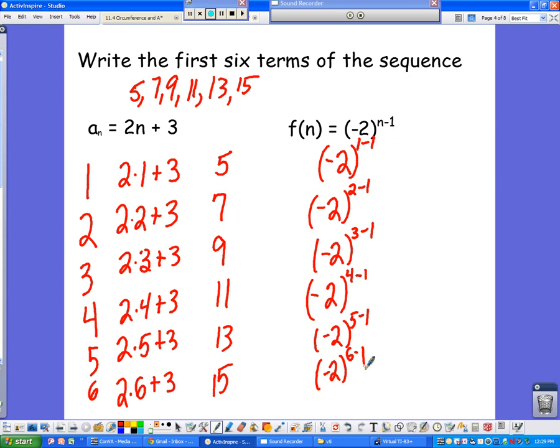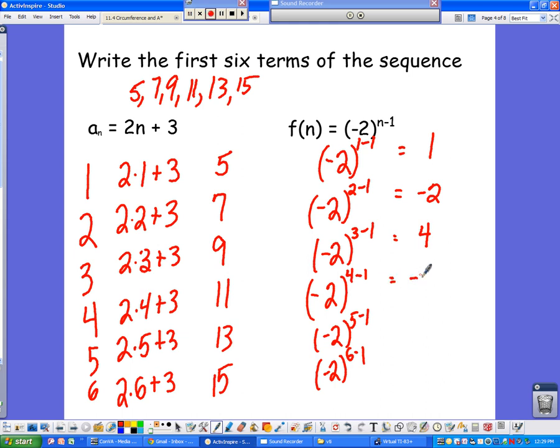So if we took a look at those, 1 minus 1 is 0. Well, negative 2 to the 0 gives me 1. Next one is negative 2. 2 minus 1 is 1, so negative 2 to the first power is just negative 2. Negative 2, 3 minus 1 is 2, so negative 2 squared gives me 4. 4 minus 1 is 3.